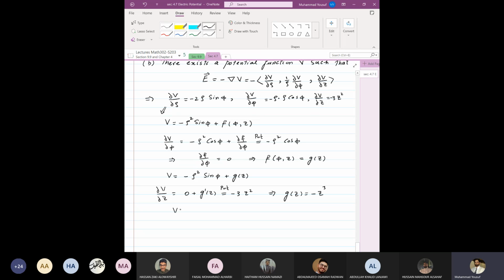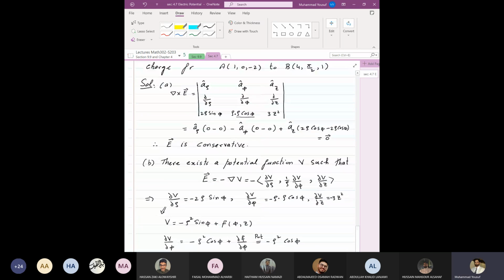So at the end, we get V of rho, phi, z equal to negative rho squared sine phi minus z cubed. So this is the potential function V, whose negative gradient is E.